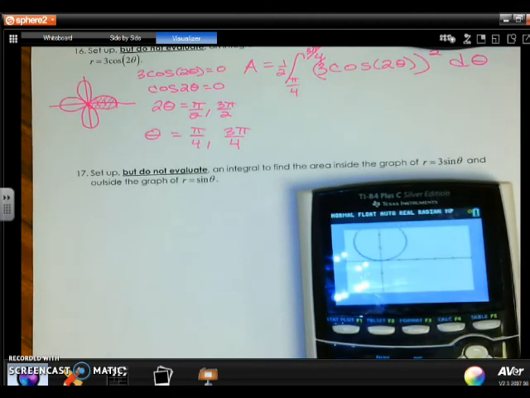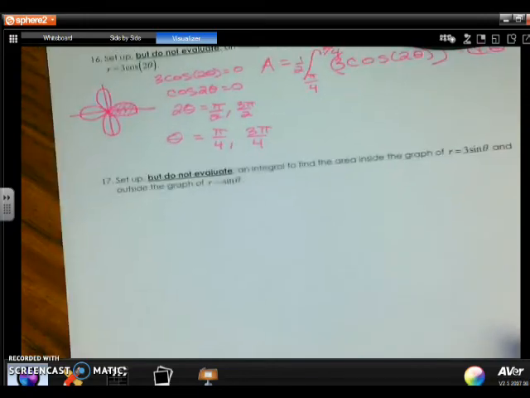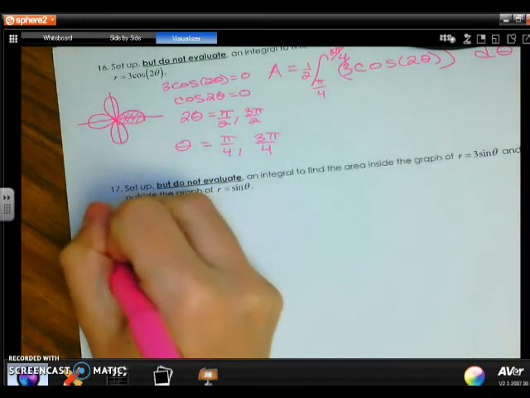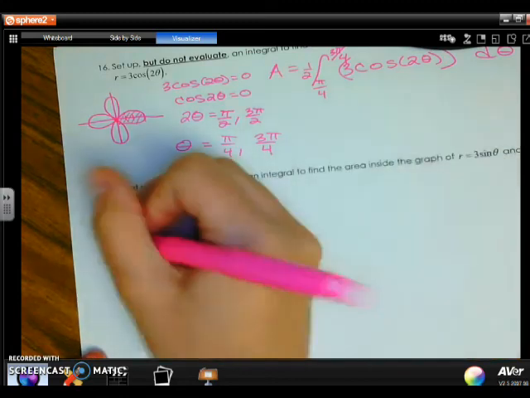So we've got a circle there and then another circle within it. What we're looking for is this area that's part of each of them. We have this circle that's going to have a diameter of 3 and it's going to be above.